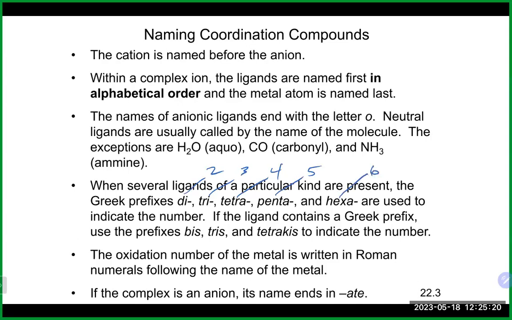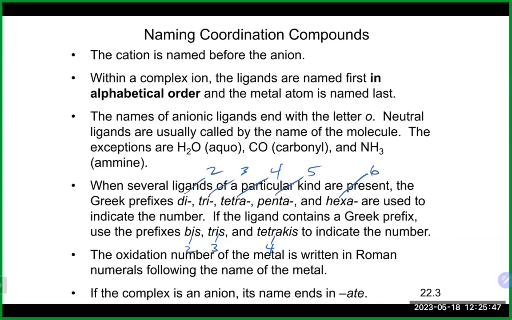Now, the thing that everybody loves: if the ligand already has one of those prefixes in its actual name, then we roll to some other prefixes, and we use bis for 2, tris for 3, and tetrakis for 4. So I don't know what they were thinking when they made these things up, but there we go.